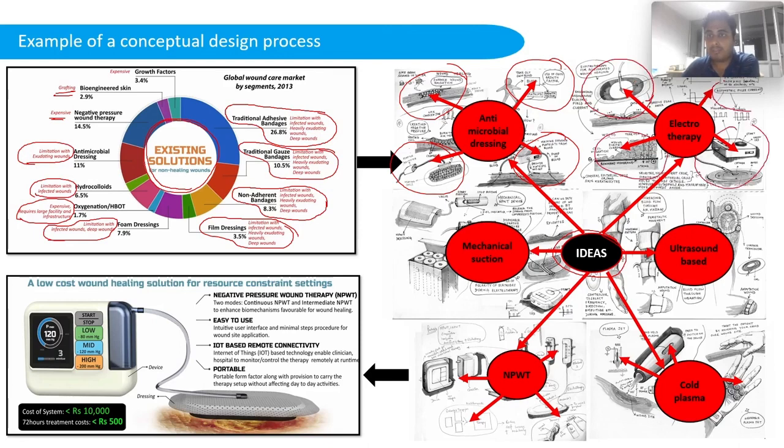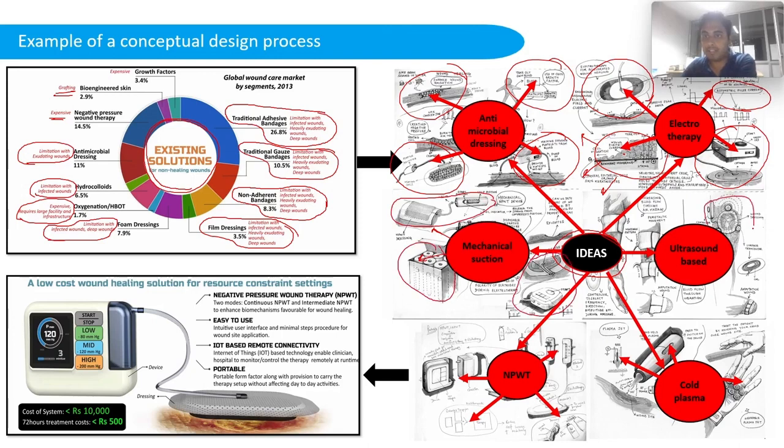Sometimes those are incremental ideas, where based on others' ideas we try to develop, so from a particular idea you can also have branching. Similarly, these are mechanical suction ideas, where the idea was to mechanically suck the wound exudates. These are various concepts that the participants gave.